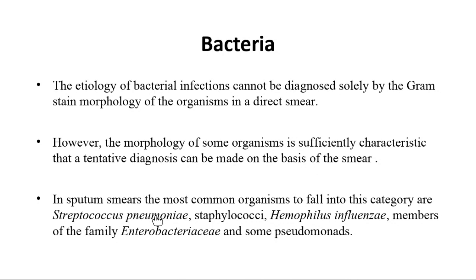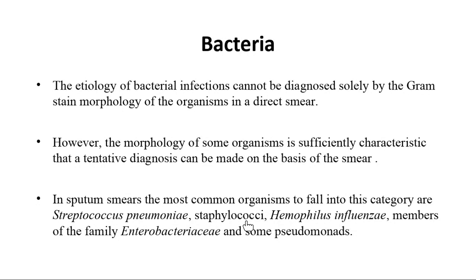In sputum smear, most of the time you find Streptococcus pneumoniae, then Staphylococci, Haemophilus influenzae, members of the Enterobacteriaceae, and some Pseudomonas. Most of the time under the Gram stain you can find Gram positive cocci, maybe streptococci or staphylococci.